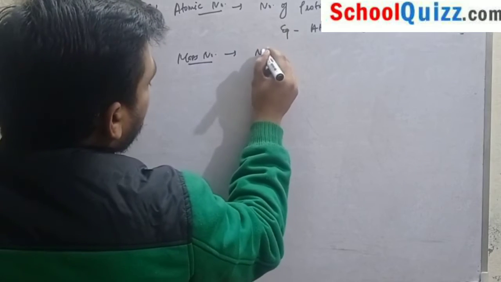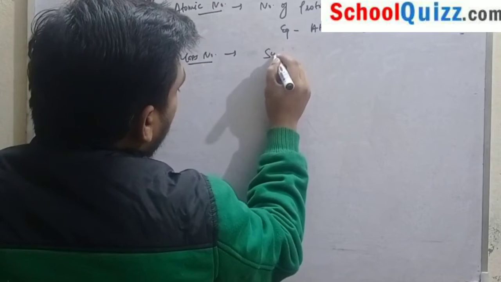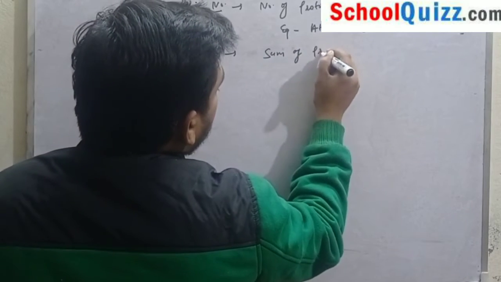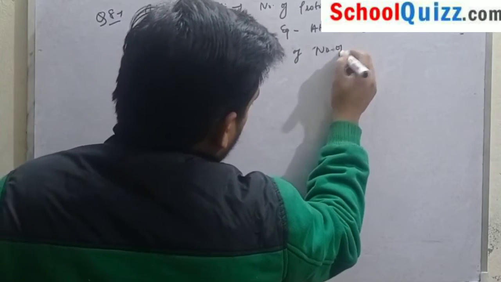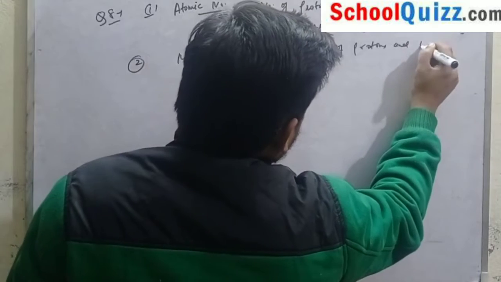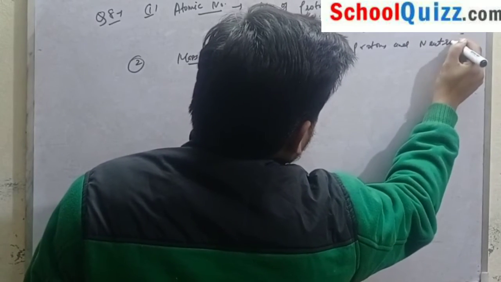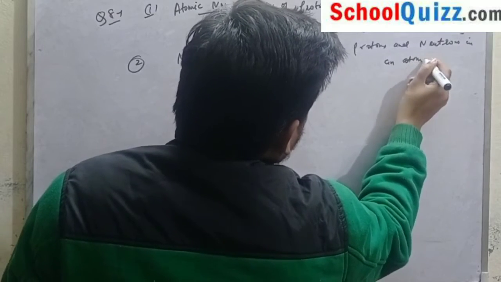What is mass number? It is the sum of the number of protons and neutrons in an atom.